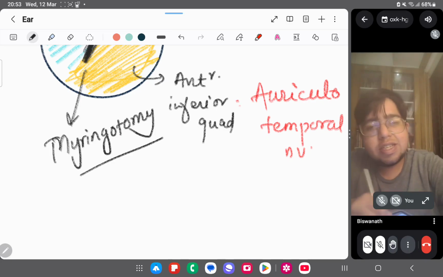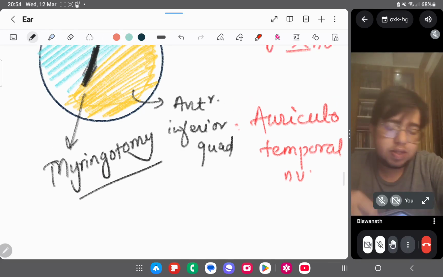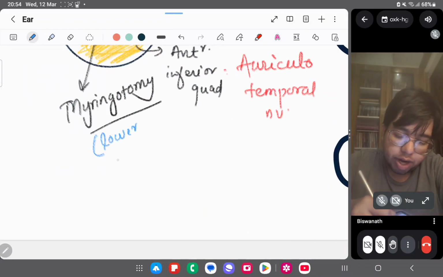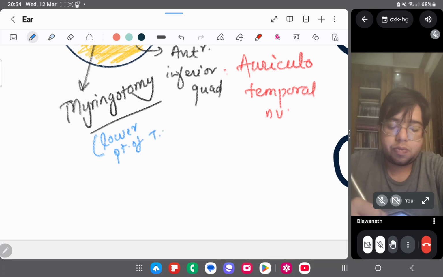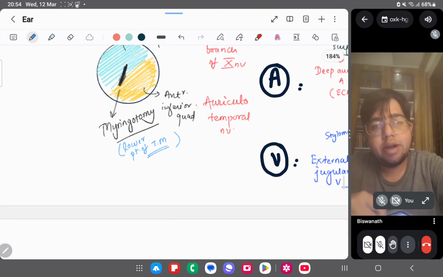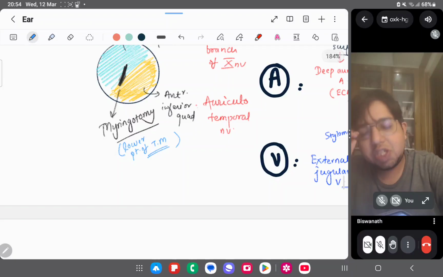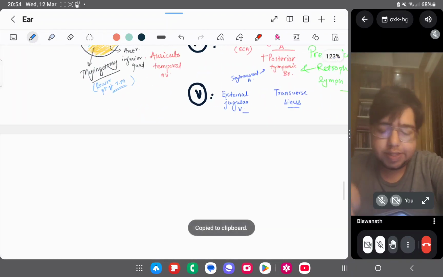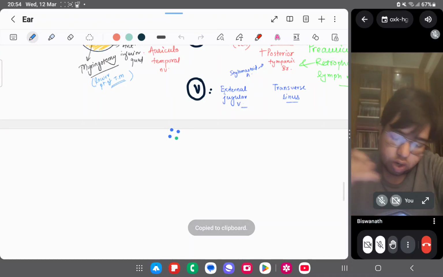The reasons for it vary, and it is mostly done in the lower part of the tympanic membrane, so myringotomy incisions are given there. If you want to see the incisions, you can look at this diagram.